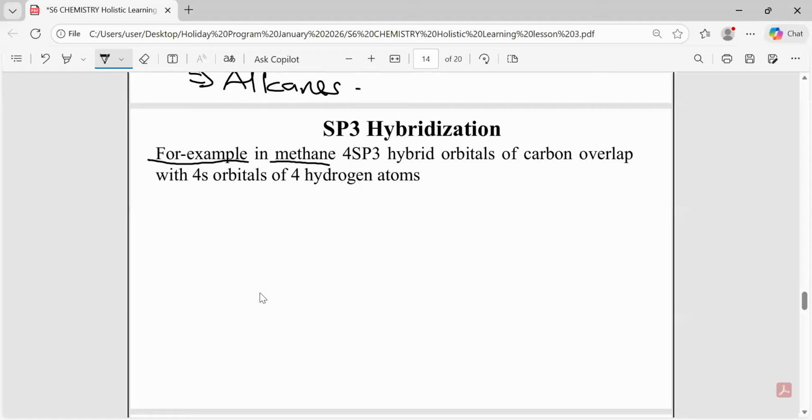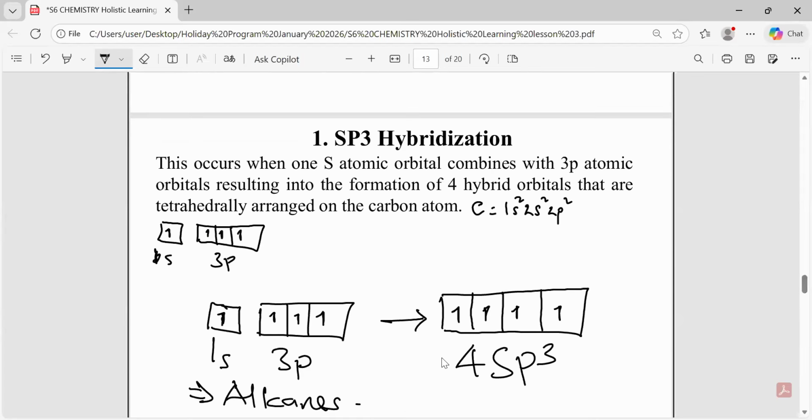An electron will be added into each of those. Actually, you have told us that in methane, the 4 sp3 hybrid orbitals. Where are we getting the 4 sp3? We have seen from up there, the 4 sp3 are for the carbon.